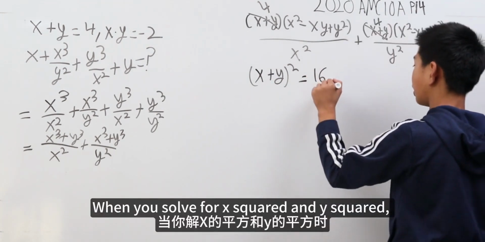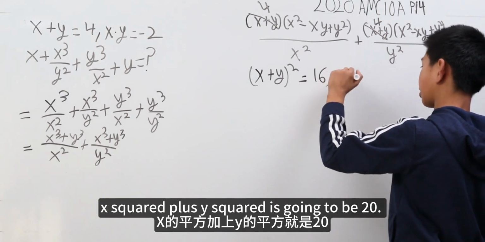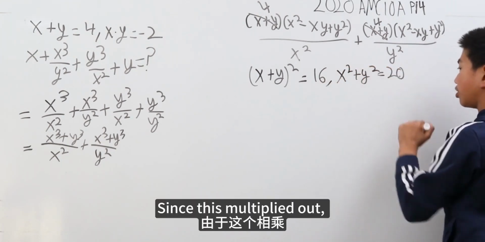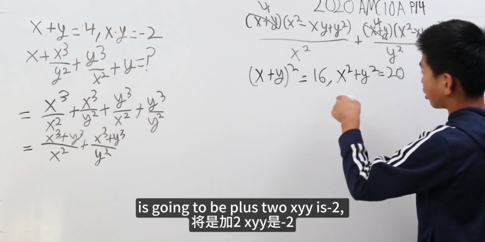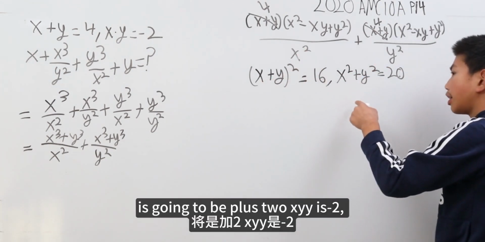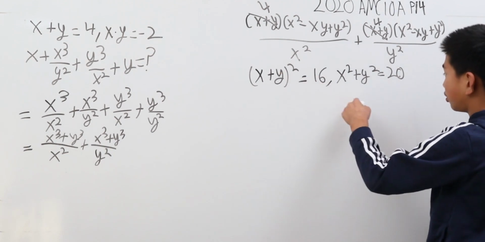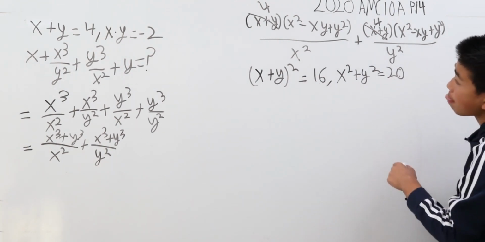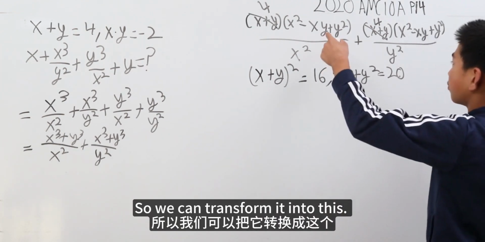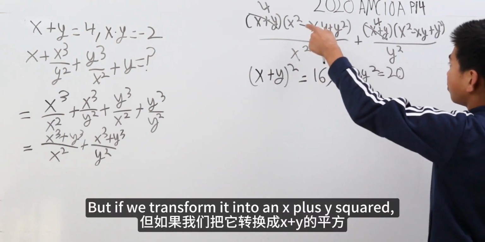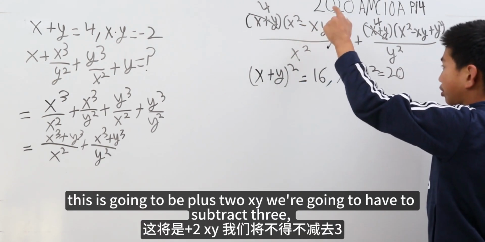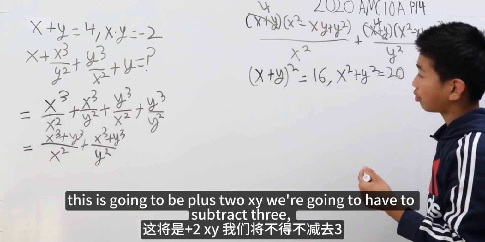And x squared plus y squared is going to be 20, since this multiplied out is plus 2xy, and xy is negative 2, so subtract 4, add 4, becomes 20. So we can transform it into this, but if we transform it into x plus y squared, which is plus 2xy, we're going to have to subtract 3.